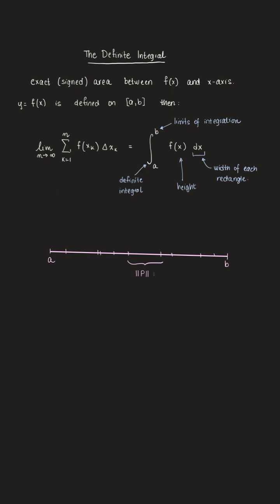The norm of P, where P means partition, is written with these double bars, and this just means the length of the longest subinterval along the x-axis.